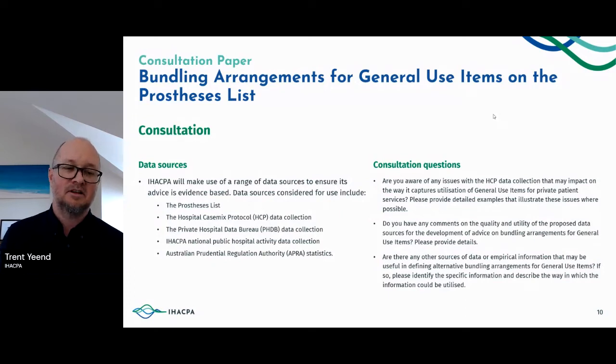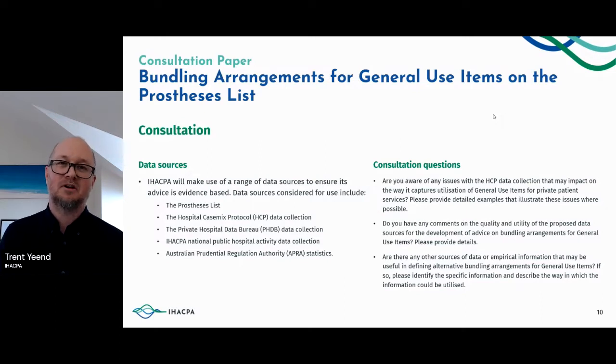We'll also be using the PHDB data collection, which provides us with a population of admitted episodes of care across private hospitals nationally. And secondly, IHACPA has a national public hospital activity data collection that we use for our national efficient price determination and is used for activity-based funding more generally.